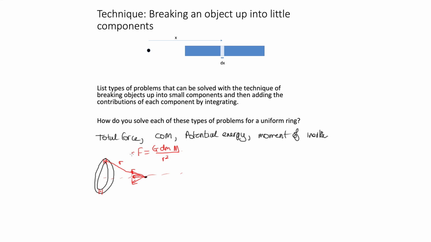And so then we call that dF because that's the part of the force just due to this little component. So then we'd just work out the horizontal component, dF_x, and if this was theta in here, this would be equal to G dm m / r² times cos theta.